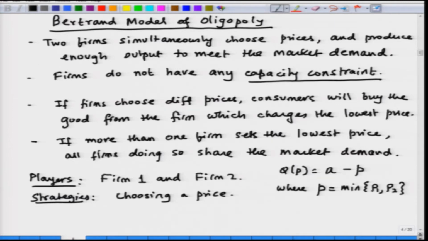So, if firm 1 charges P1 and firm 2 charges P2, the actual price that the consumer will pay will be the minimum of P1 and P2. As before, let us also assume that the marginal cost is constant at C for both the firms.